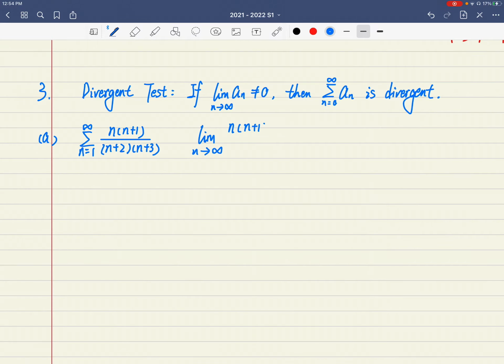Remember, a series is an infinite sum. A sequence is just a row of values. So let's find the limit of its sequence. The top is a polynomial. Let's expand it. It's n squared plus n over n squared plus 5n plus 6.